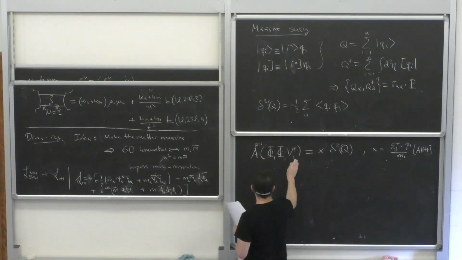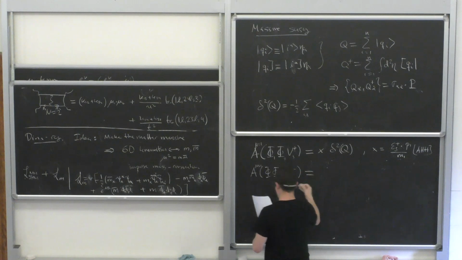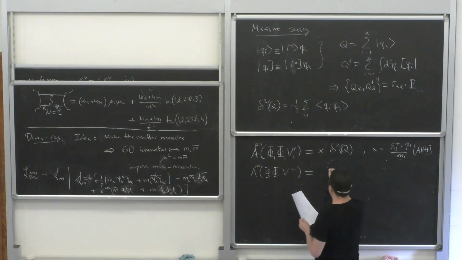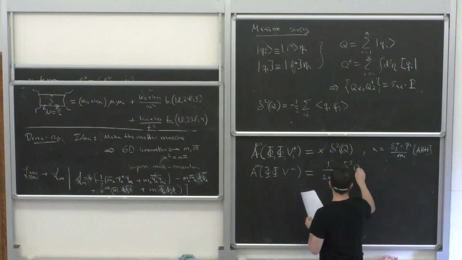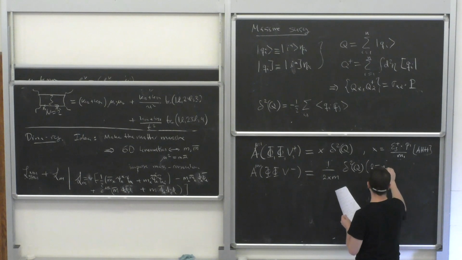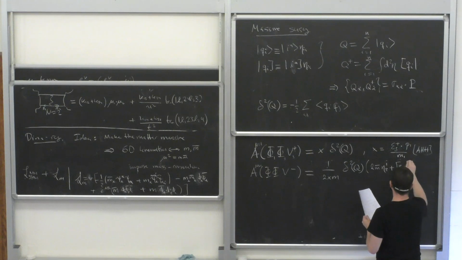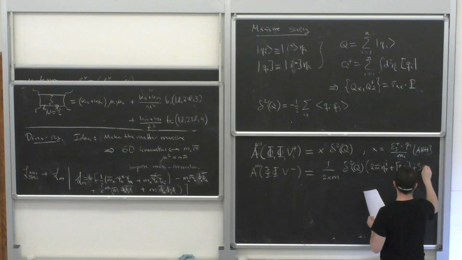I can write down the opposite helicity. Still n equals 1. This one is slightly trickier. So it's 1 over 2xm delta 2q. And then some weird factor here, 2m bar eta 3, 1 plus 3 q1 plus 3q2.